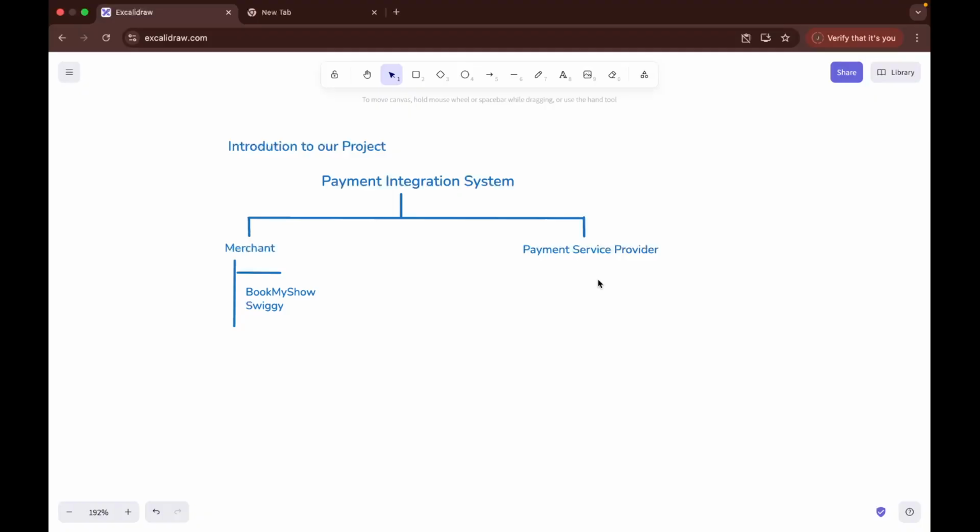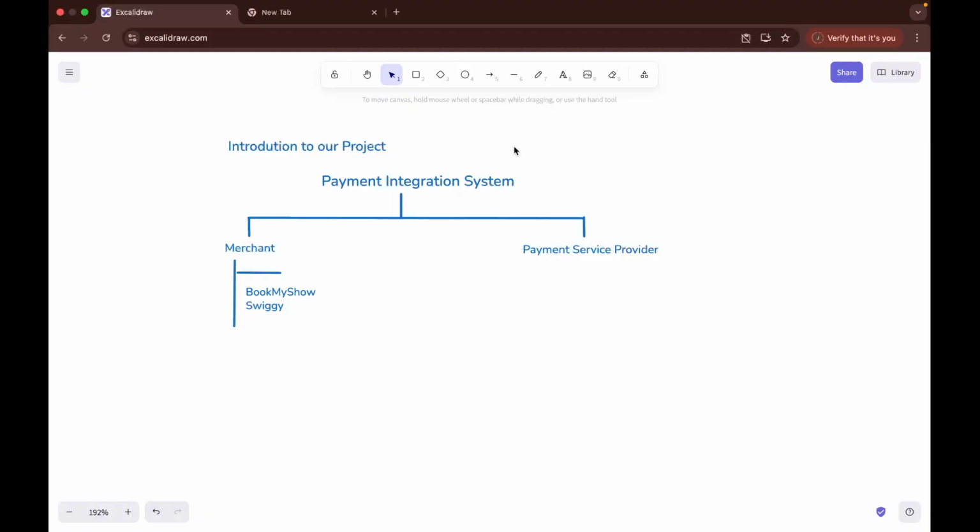The payment service provider like Trustly and Razorpay connects to the bank and handles the actual money movement. The PSP verifies the account details, processes payments, and sends back the confirmation.